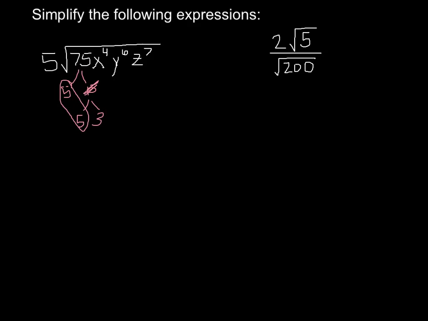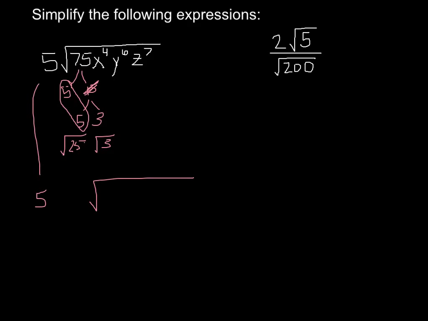Personally, I feel like it's easier to say, okay, 75 is the product of 25 and 3. And it's the same thing as the square root of 25 times the square root of 3. And the square root of 25 is 5. So if we take our radical, our square root, I have the 5 on the outside.